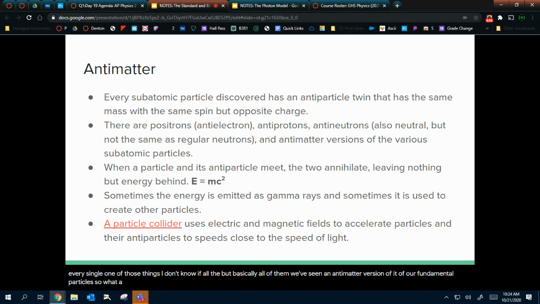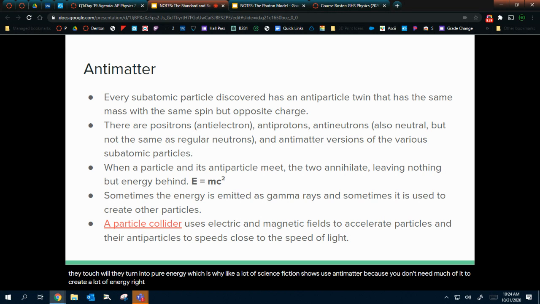When a particle and its antiparticle meet, the two annihilate, leaving nothing but energy behind. So if you have an electron and a positron and they touch, they turn into pure energy, which is why a lot of science fiction shows use antimatter, because you don't need much of it to create a lot of energy.